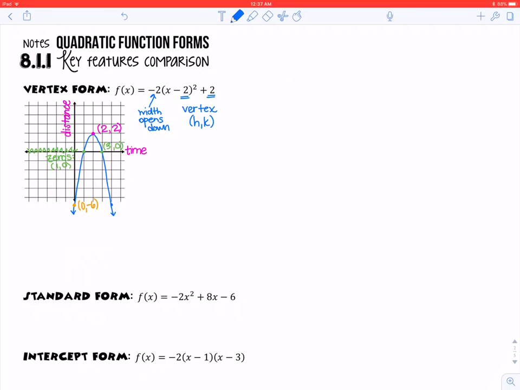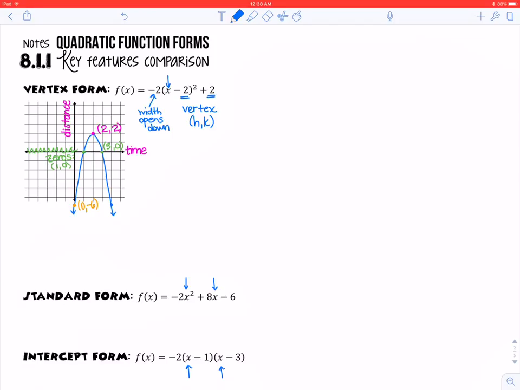We also talked about how vertex form only has 1 variable x, whereas here in standard form we see an x squared and an x, but in intercept form we see 2 individual x's. So those are just some of the highlights that we noticed from our last chat together.